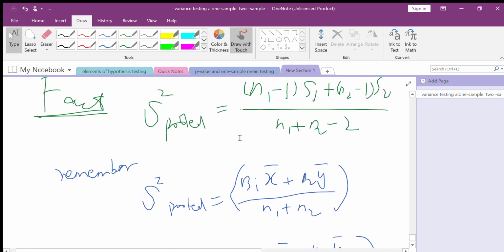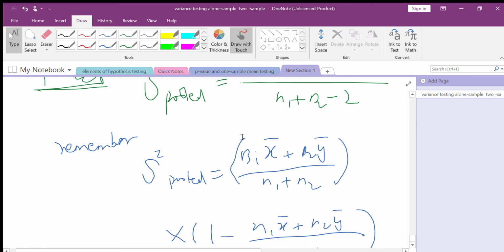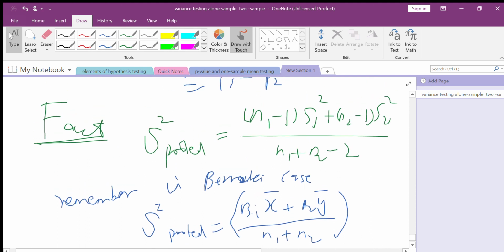So remember, in the Bernoulli case you don't need to calculate using its original definition.